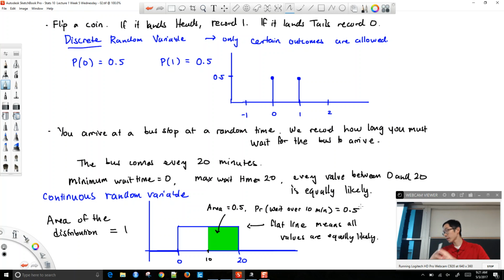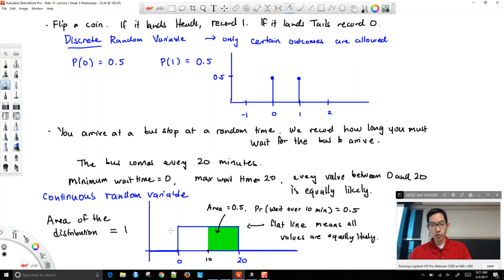And so this is kind of the idea that we're going to work with when we are talking about the normal distribution. Okay, so the big idea here is we've got a curve or a line that represents our probability distribution. Okay, so in this case, the flat line means that all of the values between 0 and 20 are equally likely.